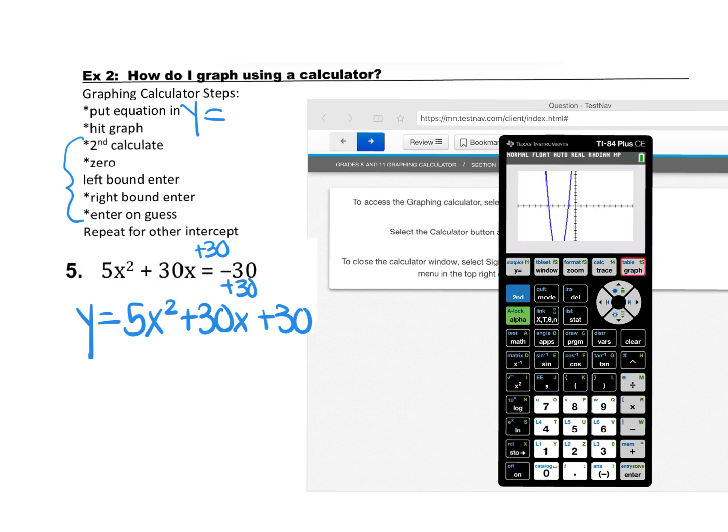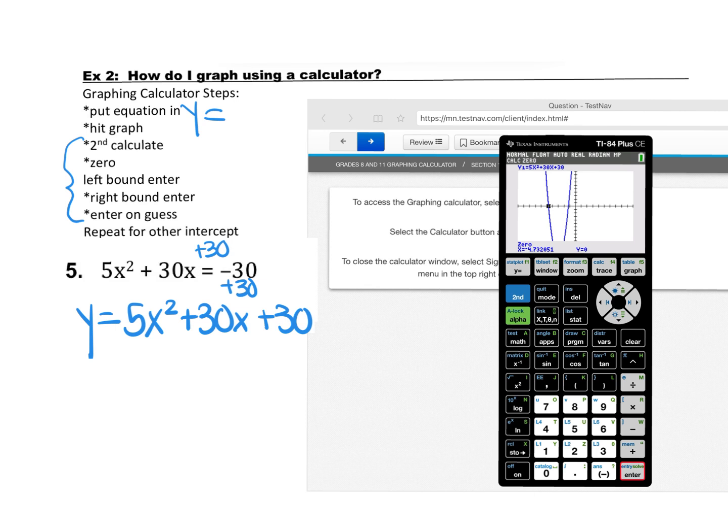And now we'll graph. All right, so let's go ahead and find our left bound and our right bound. So we'll go second, calculate, we want the 0, enter, enter, and then we're going to guess.